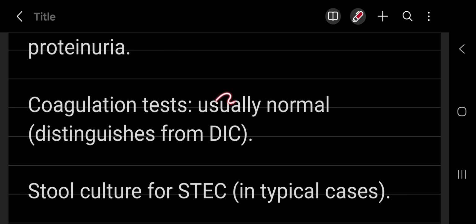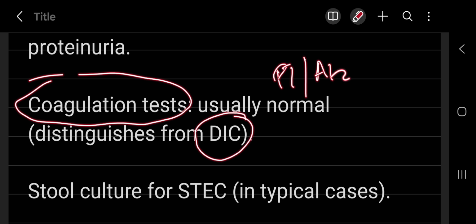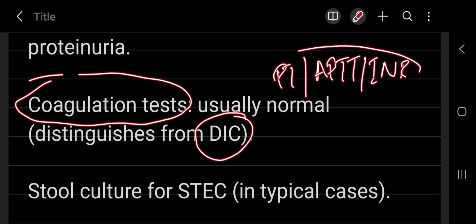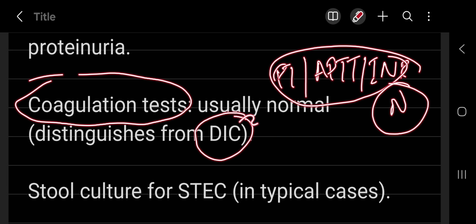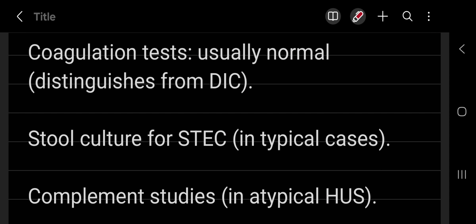Coagulation tests are done to rule out DIC, and PT, APTT, INR in this case are normal. So in this way you can rule out DIC, because in DIC you also have thrombocytopenia and hemolytic anemia.